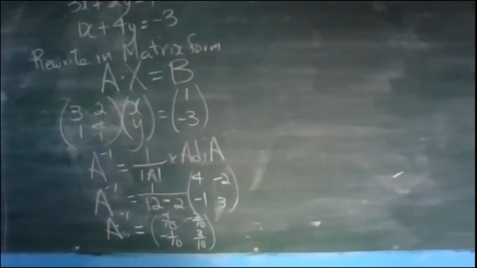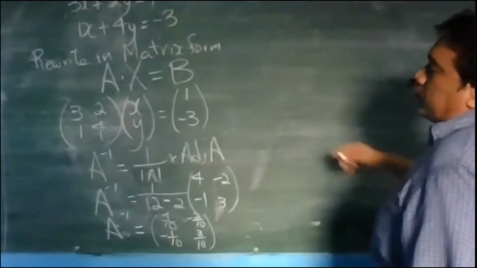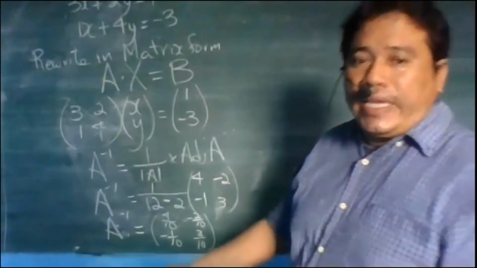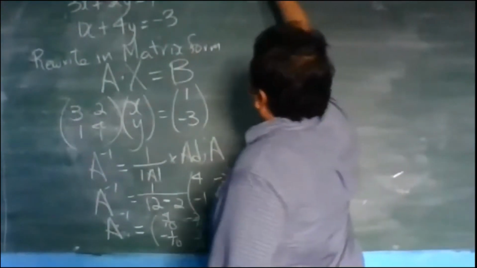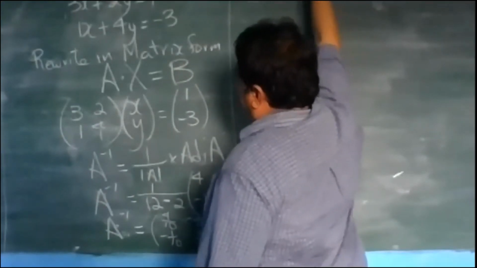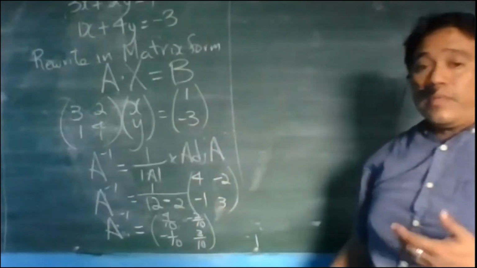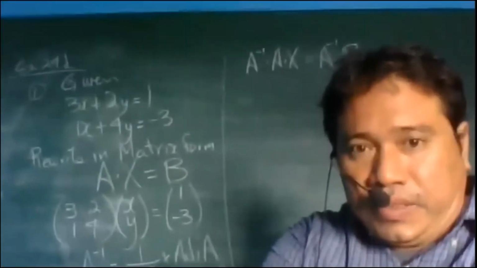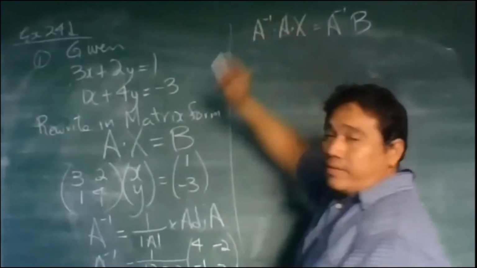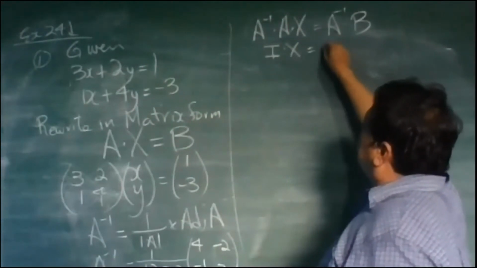Now, one thing we must observe, and I'm just going to do this for the first problem, so what you're going to have next is not going to be done for every problem. I'm just trying to show you the logic of it. I will be multiplying both sides by the inverse. So I'm going to have A to the negative 1 times A times X equals A to the negative 1 times B. But you see, A to the negative 1 times A gives me what is called the identity matrix.